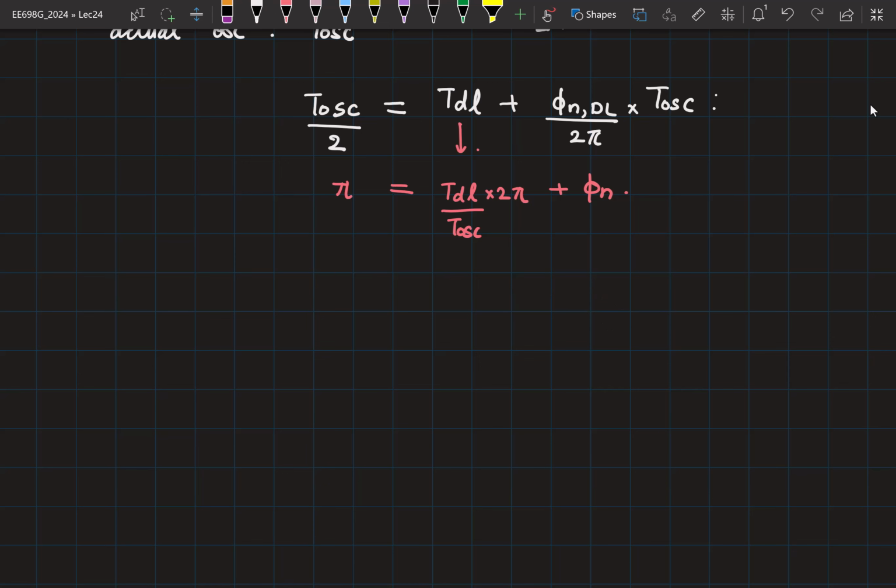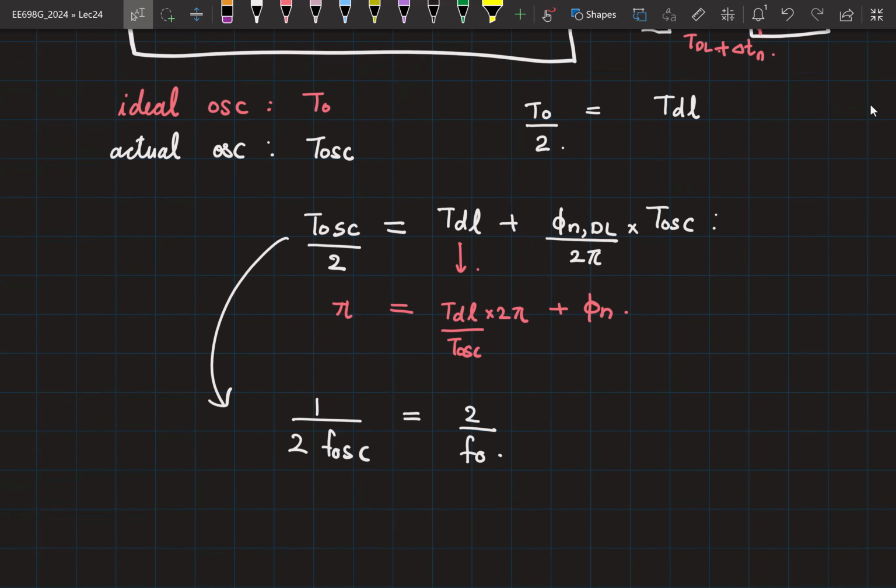Let me start from this. This I can write as 1 by 2 times F oscillation equal to, I will have to replace TDL. And how can I replace TDL? TDL was equal to T naught by 2, which means 1 by 2 F naught plus phi n by 2 pi into F oscillation.